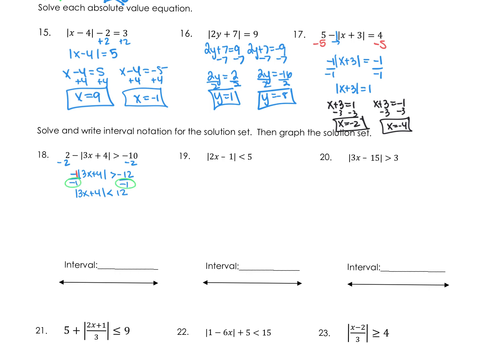Once your absolute value is isolated, you make sure the number is positive on the other side, and then you make two inequalities. One is 3x plus 4 is less than 12, because we said less than, it will be an and. And then for the second inequality, we'll flip our sign and make our number negative. Then we'll go ahead and solve.